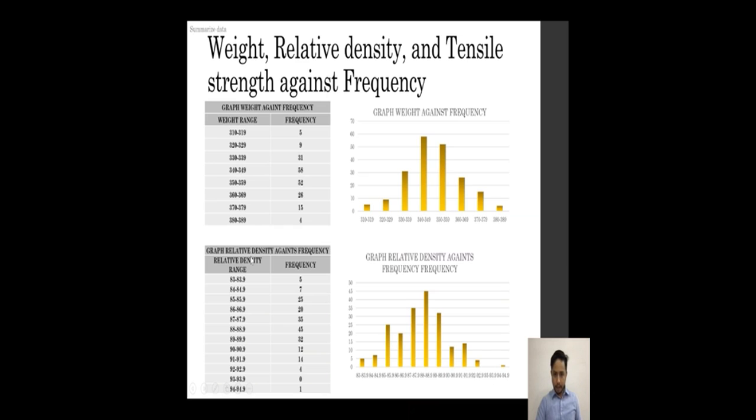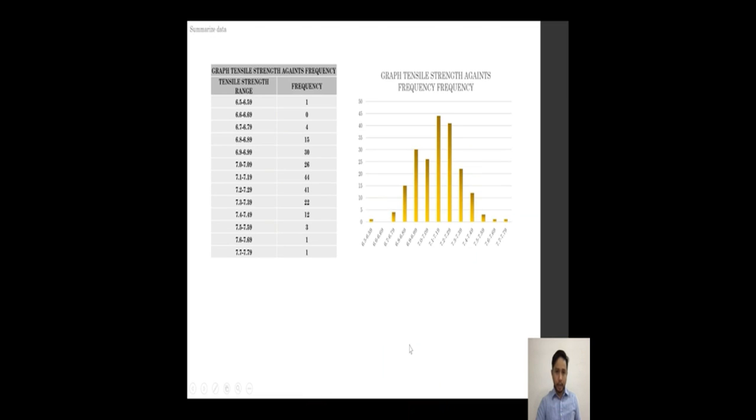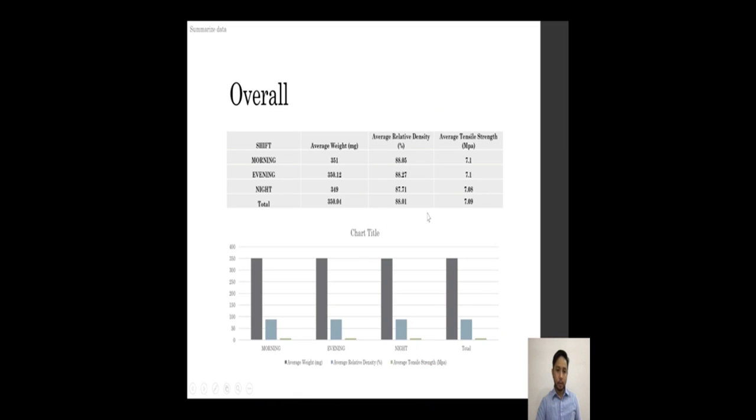For relative density, the highest frequency is in the range 88 to 88.9, and for tensile strength the highest frequency is at 7.1 to 7.19. This is overall from the data. We conclude it into average weight, average relative density, and average tensile strength.